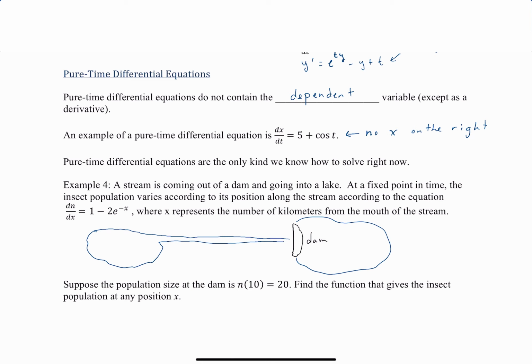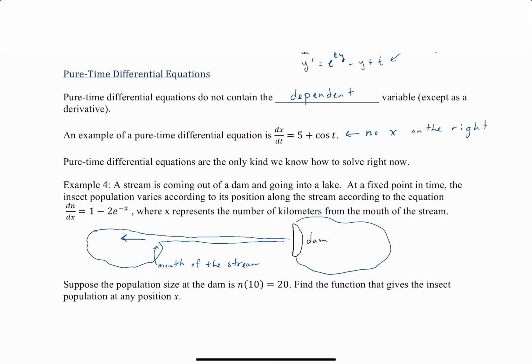And the stream is flowing in this direction, out of the dam and into the lake. It says that x represents the number of kilometers from the mouth of the stream. So what is meant by the mouth of the stream is the outlet where it's going into the lake. So this is the mouth of the stream.